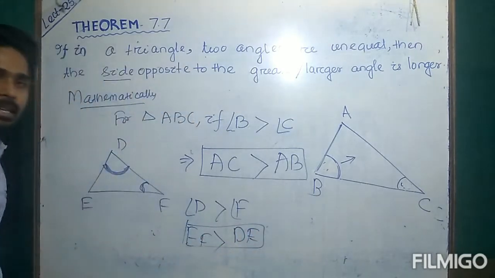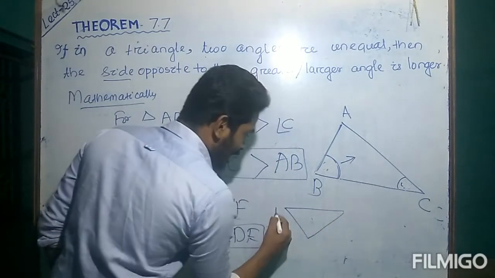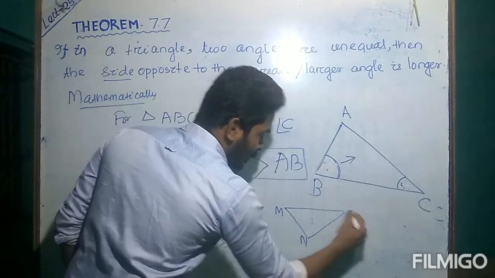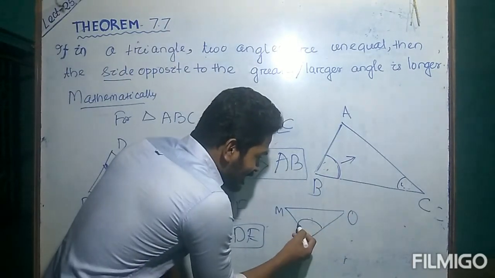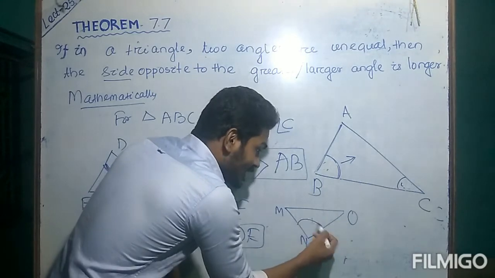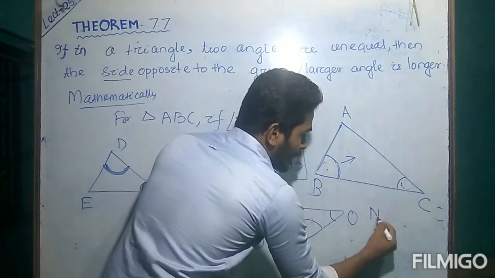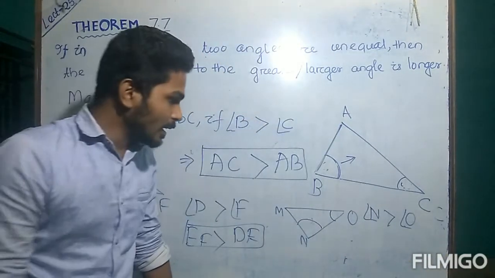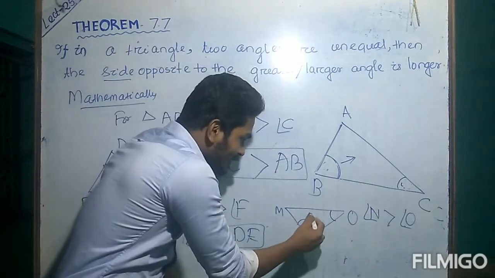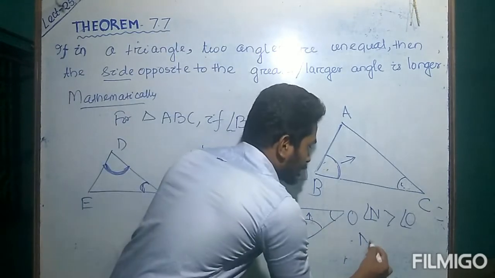Let us take one more example. If this is another triangle MNO, and in this triangle angle N is larger than angle O, then according to the statement, the opposite side of the larger angle, which is MO, is longer.